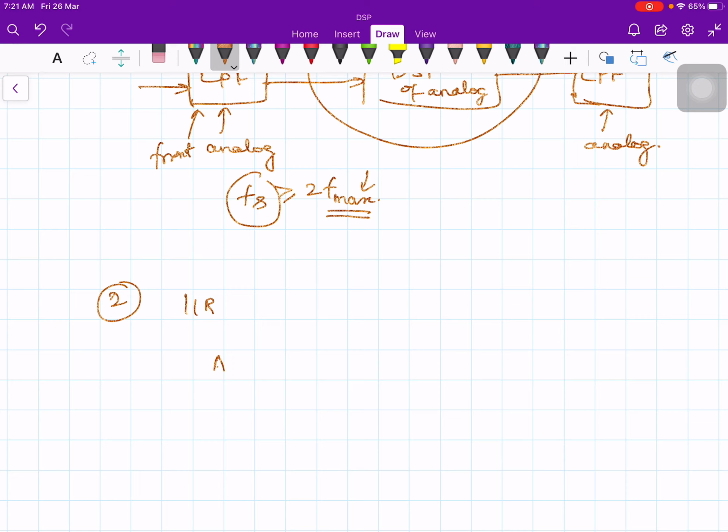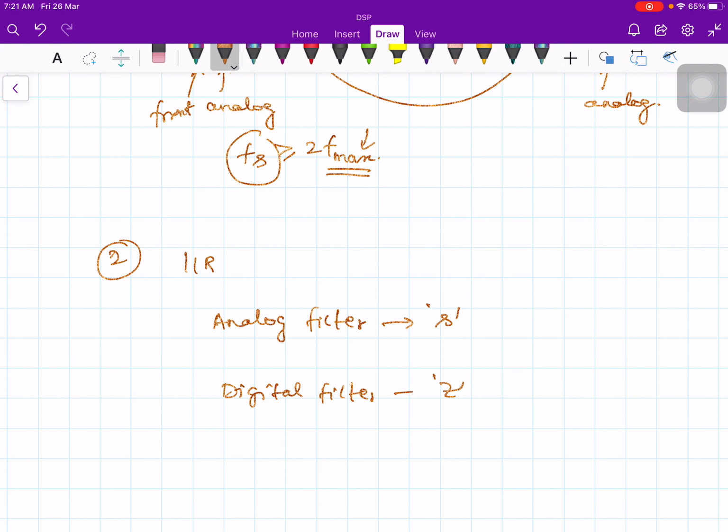In analog filter design we work in the S domain, Laplace domain. For digital filters we use the Z domain. So we need to move from the analog domain to the digital domain, S domain to Z domain.